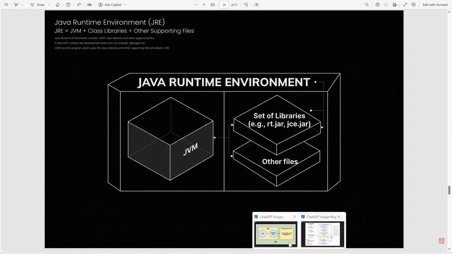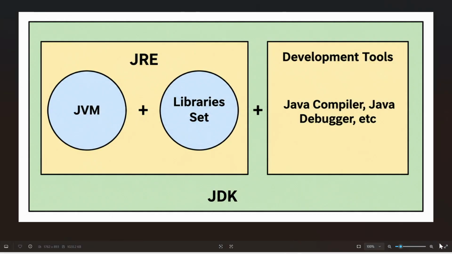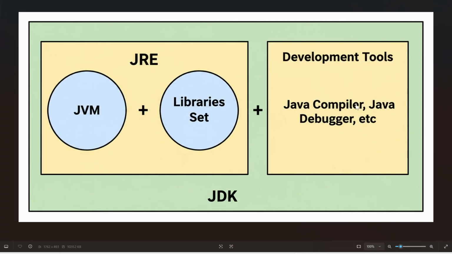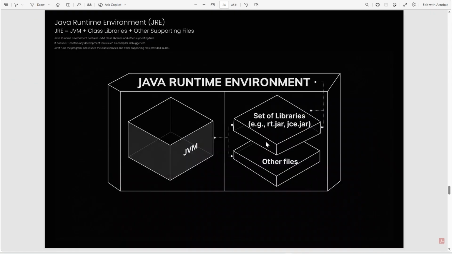You have this JDK, and inside your JDK you have JRE. Inside JRE you have JVM and a set of libraries. Apart from this, but not part of JRE, you have development tools, which are the Java compiler, Java debugger, etc. I hope now things are very clear. Okay, now let's go to the next slide.